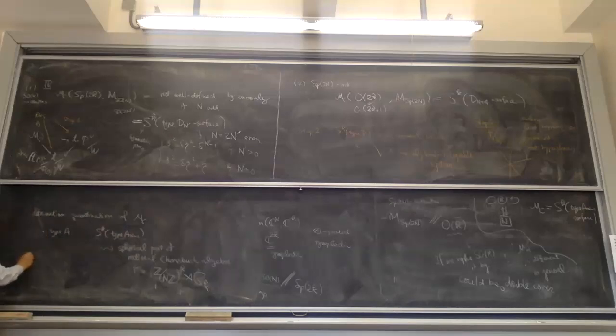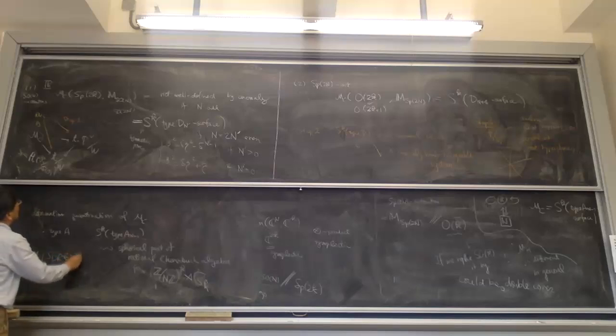And the type Dn, MC of Sp of 2K, M of SO2n.